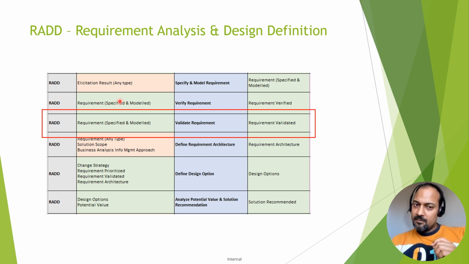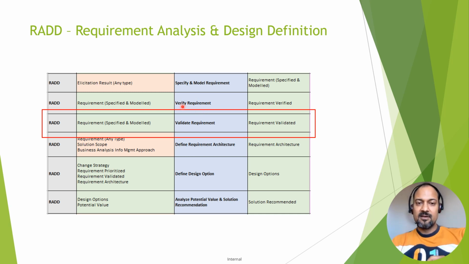That is one of the reasons. In another way, we can say that verification and validation of the requirements can start in parallel, but validation of the requirements does not complete unless verification of the requirements is completed.